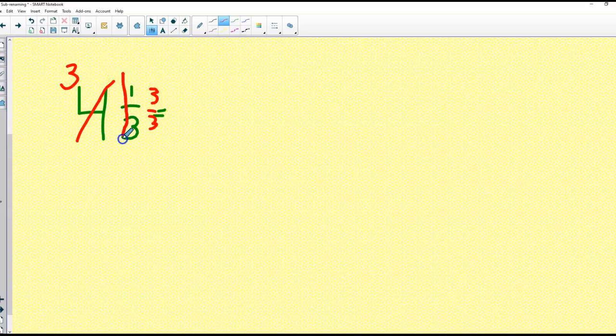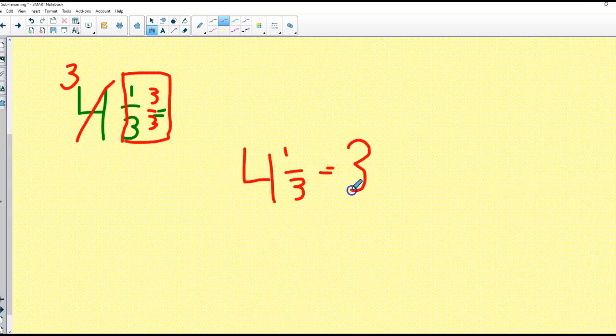Right? 1 whole is 3/3. So if you add these two together, that totals 4/3. So 4 1/3 also equals 3 and 4/3. Those are the same thing. Think about it. This is an improper fraction.